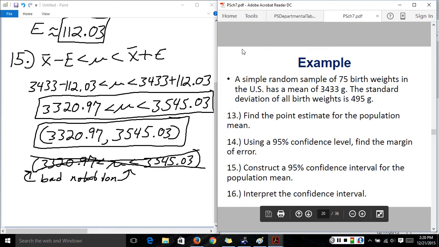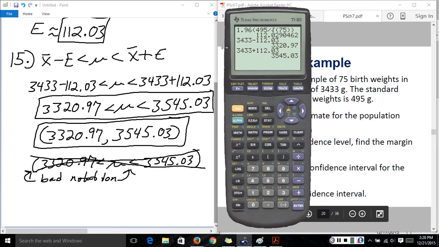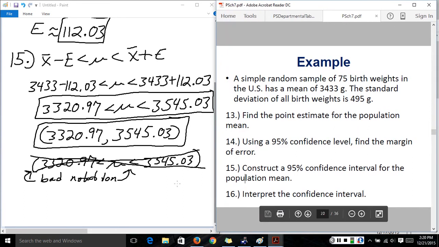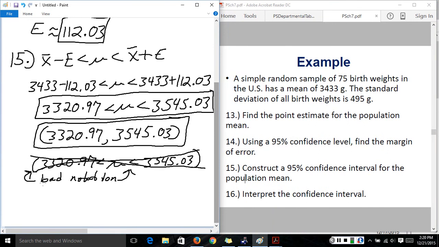Well, let's find that confidence interval one more time. This time we will use the calculator in its entirety. To use the calculator to find confidence intervals for the mean when sigma is known, that's the population standard deviation, we will use stat, test, and z interval.